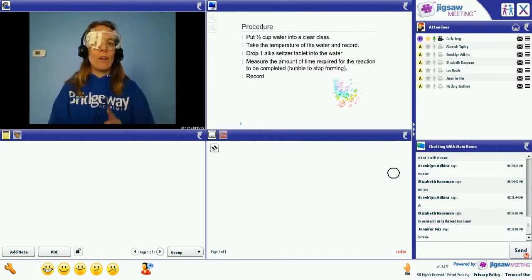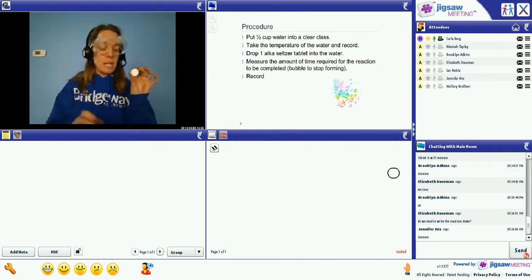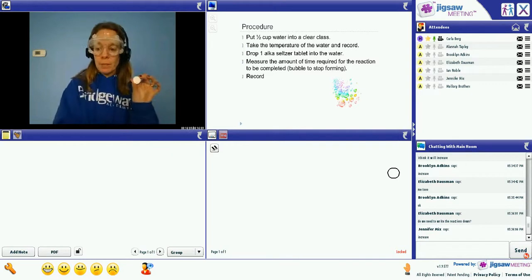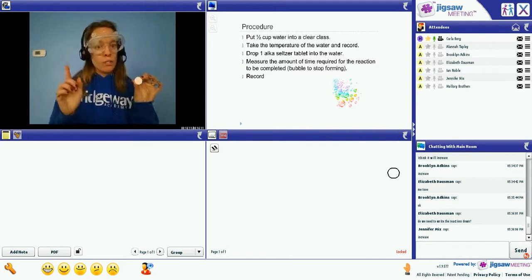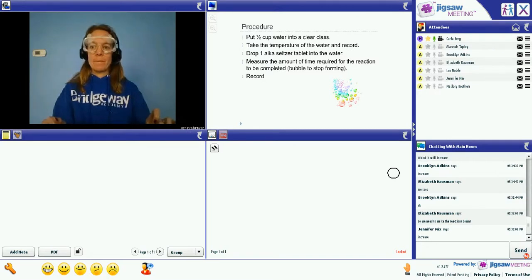Measure the amount of time required for the reaction to be completed. Your reaction is complete when the bubbles stop. So don't drop your tablet in until you are ready to start your timer. Once you are ready to start your timer, drop it in and you are going to watch until the bubbles stop. Anyone have any questions before you do that? Mallory, go ahead.